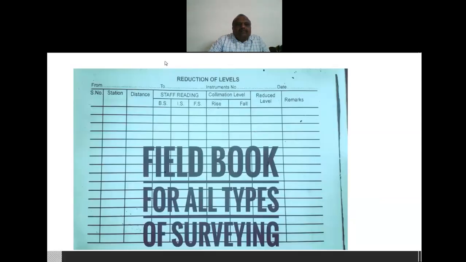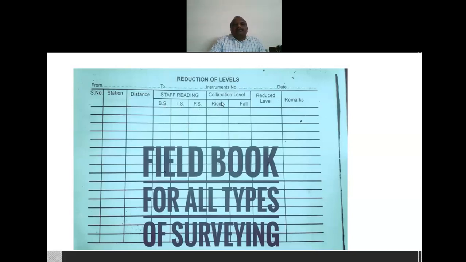The reduced levels or RLs can be extracted by using this format. This format includes serial number, station, distance or chainage, and the fourth column is staff reading. In staff reading, once again, we are using backsight, intermediate sight, and foresight.